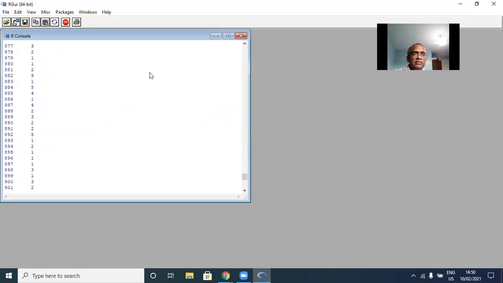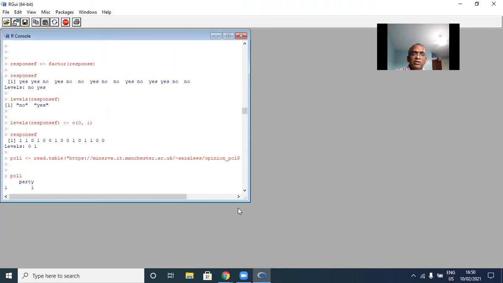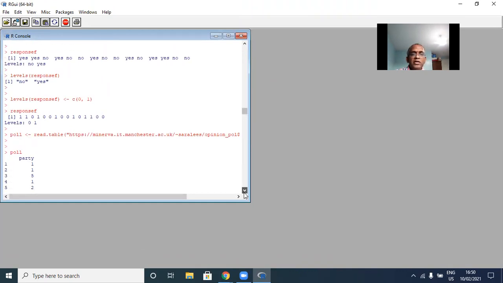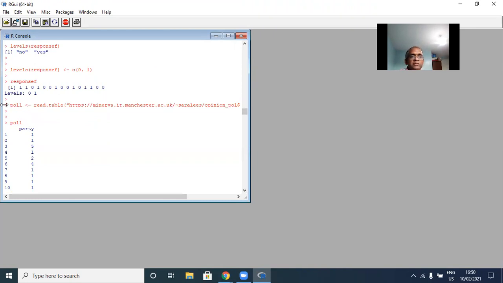You will see the data set here, right? You see there are two columns. The first column is basically a counter column, which you can ignore. The second column is the party column, which tells you which party people voted for, whether it's number 1, number 2, number 3, number 4, or number 5, right?